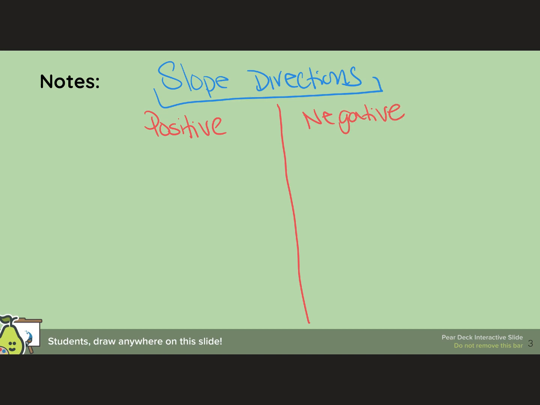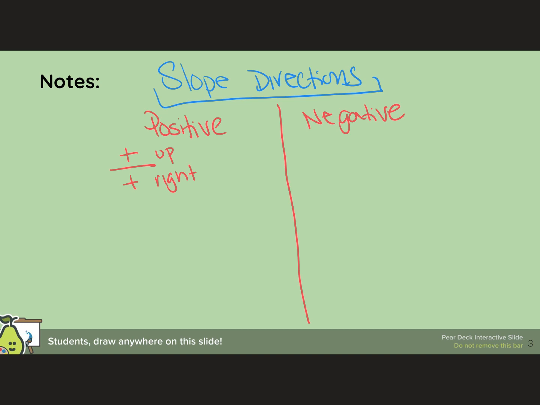So if you have a positive slope, that means you have a positive number over another positive number. For the number on top, you're going to move up. And for the number on bottom, you're going to move right. Don't worry if it doesn't make sense yet. I promise it will in a few minutes.